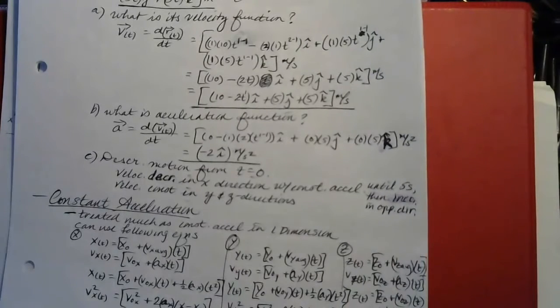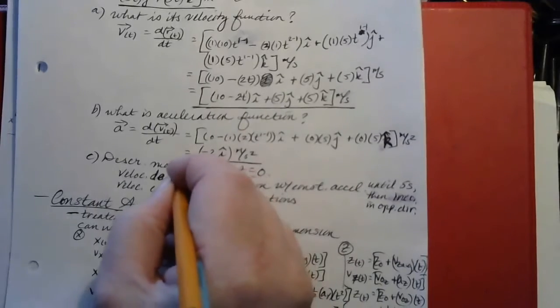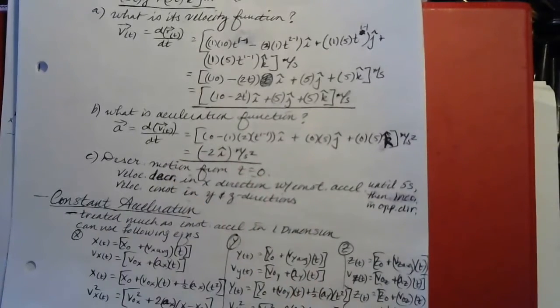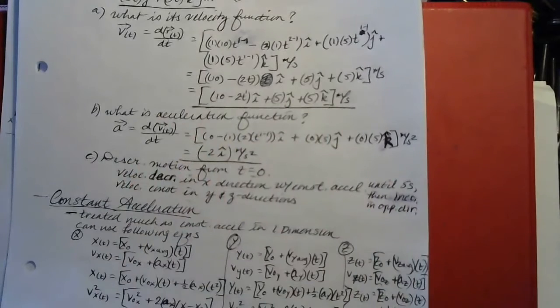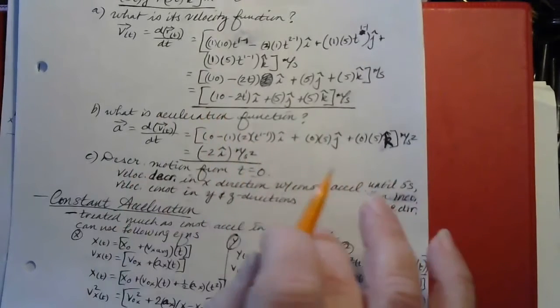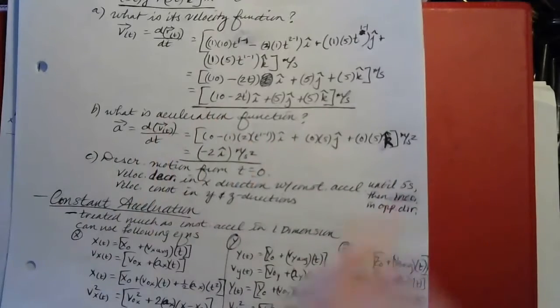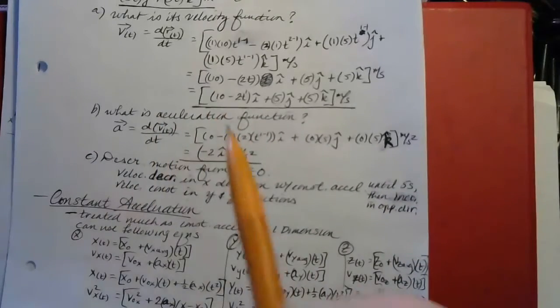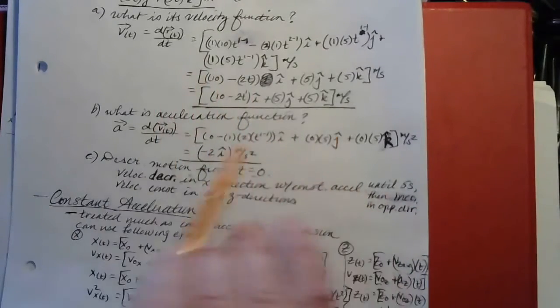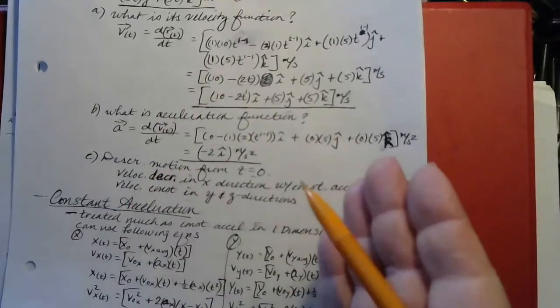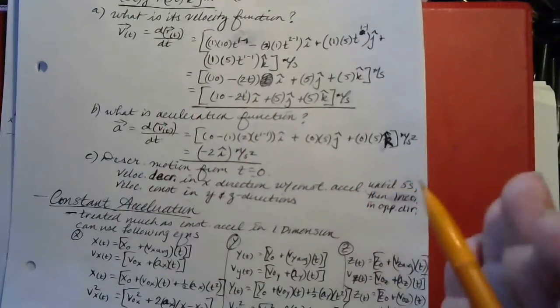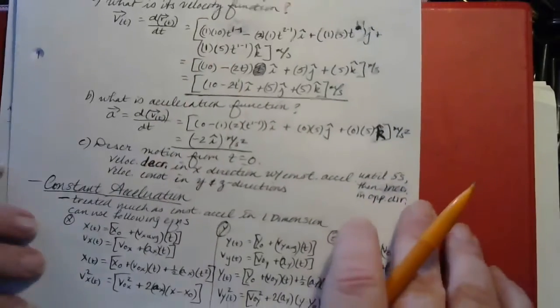Okay, and then it asks you to describe the motion from t equals 0. To do that, you can look at the equations and try to deduce what they mean, or you could just plug in some values like 1 second, 2 seconds, 3 seconds, and so on for the time in both the velocity and the acceleration equations, and find out what the particle or object is actually doing at those times.